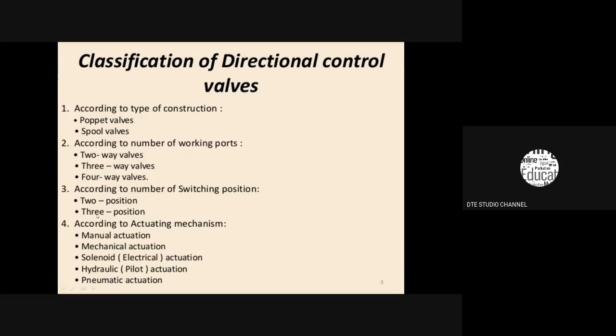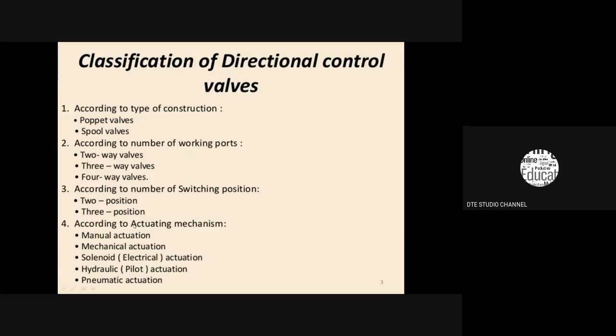In the case of a 3 position DC valve, the middle position is the neutral position. Actuator cannot do any useful work in the case of neutral position. In addition to 2 positions, one more neutral position is added in the case of 3 position.